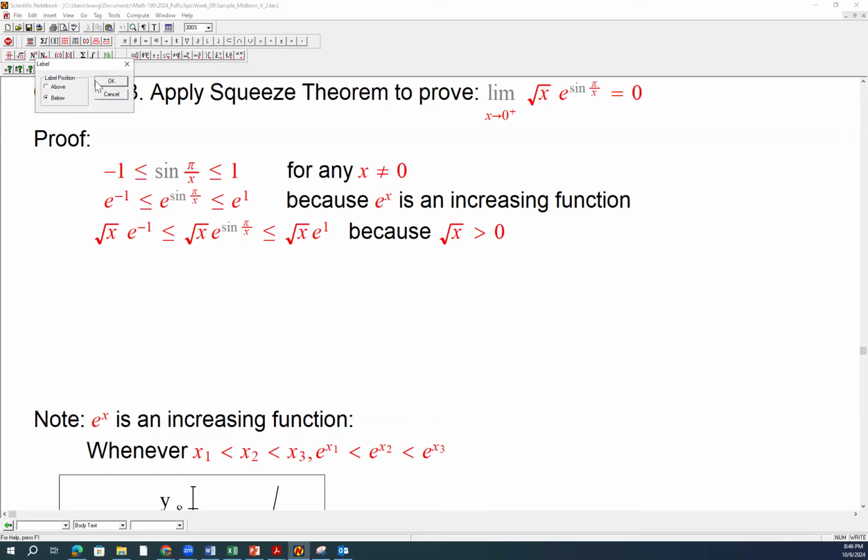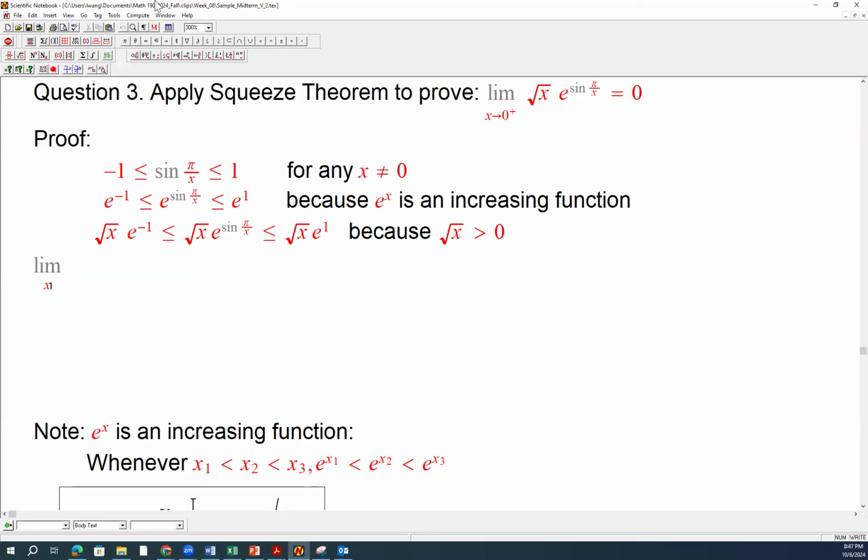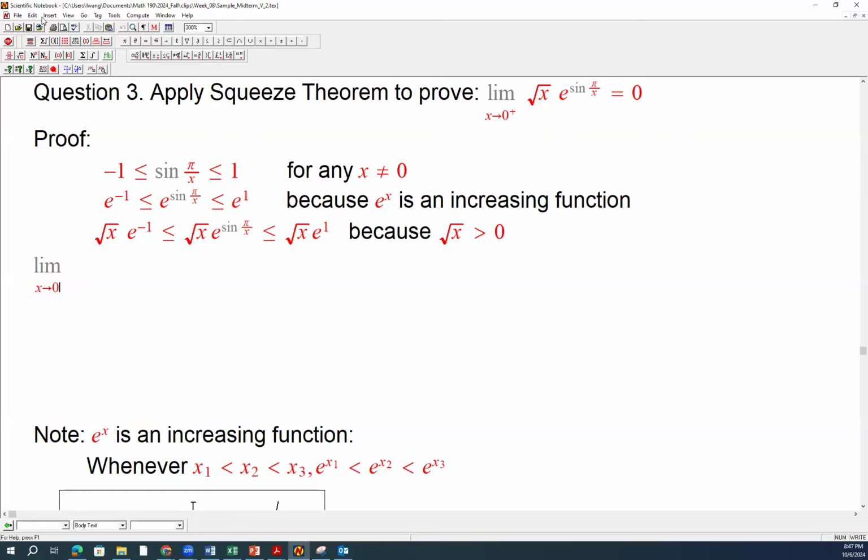So next, we're going to take the second condition of the squeeze theorem. We'll take the limit under the same setting. The limit of this piece is going to be 0 because e to the power -1 is a constant. And the limit of root x times e is also going to be equal to 0.